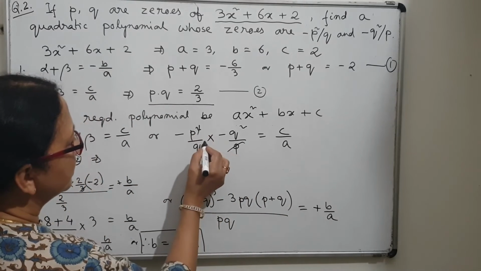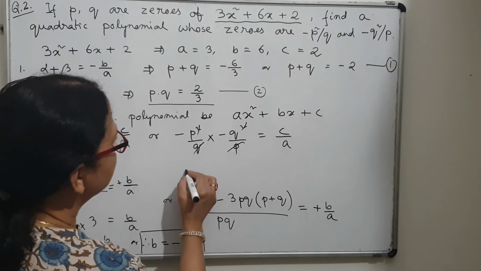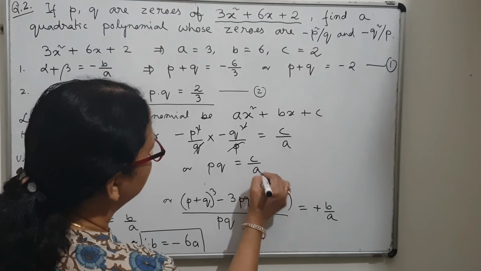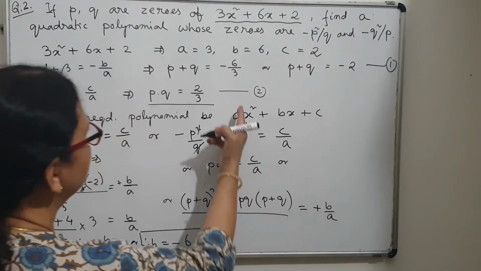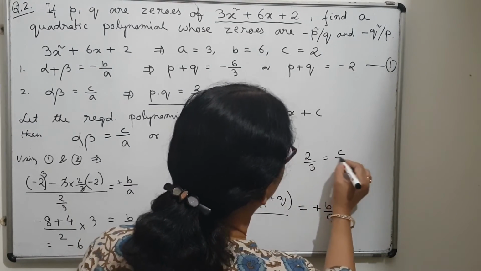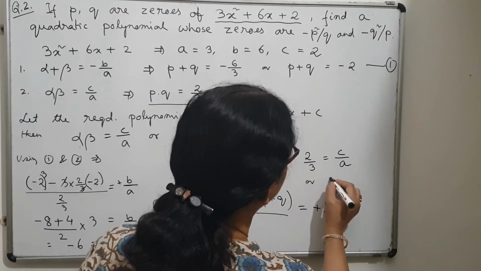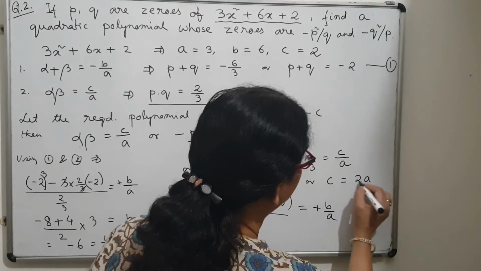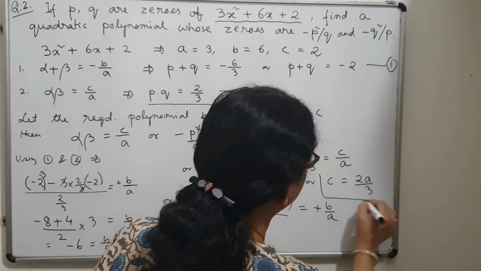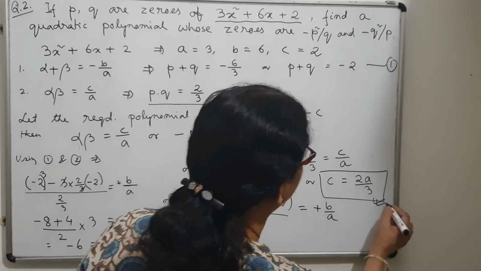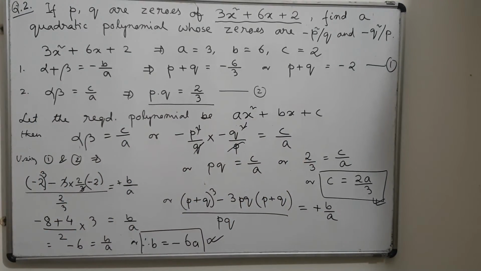So this gets cancelled. Minus minus plus, so pq is equal to c by a. What is pq using equation 2? It is 2 by 3. So 2 by 3 is equal to c by a, or c is equal to twice a upon 3. This is the another relation I got. So from this one and this one I'll be able to get the polynomial.